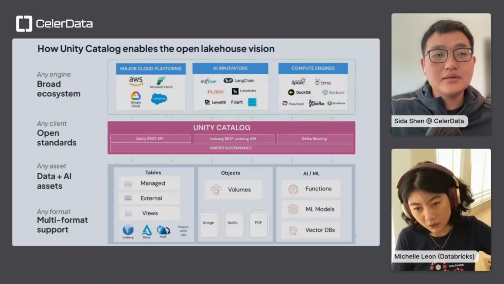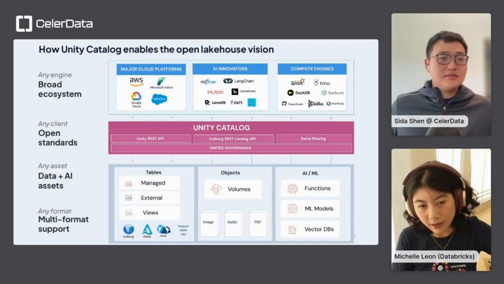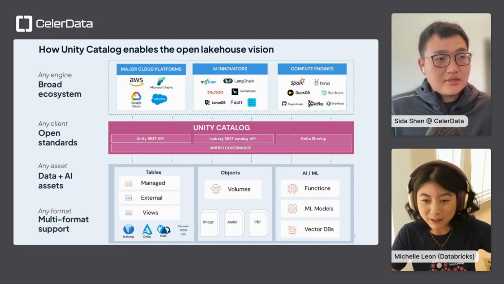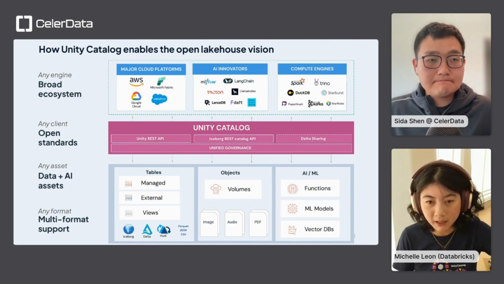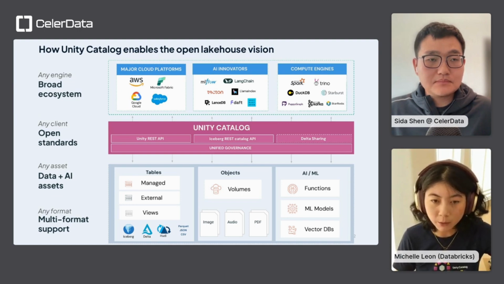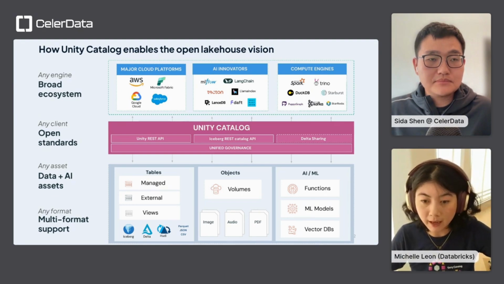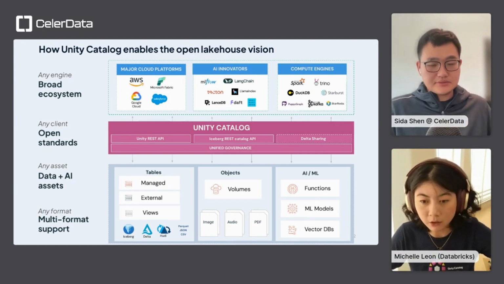Yeah. I think the major components are all there: you have the open storage and table formats, you have the catalog, and then you have the engine ecosystem, basically what we just talked about here. What is next for the open lakehouse is a lot more emergence around standards for AI and ML and unstructured data assets.